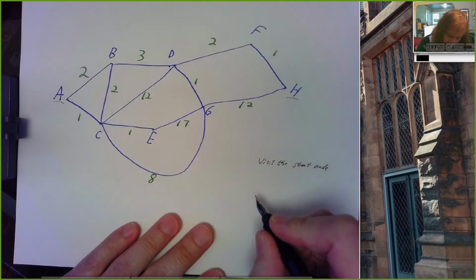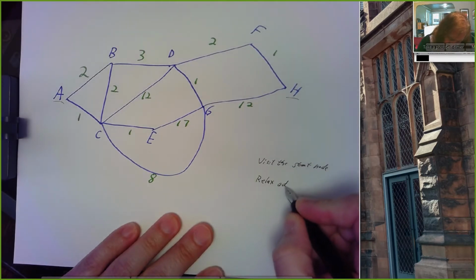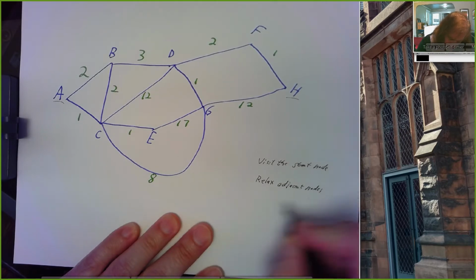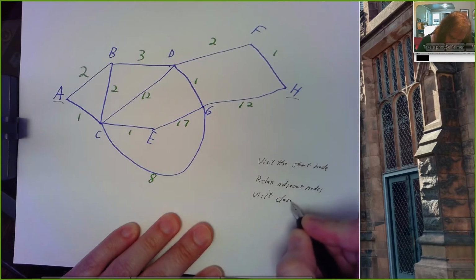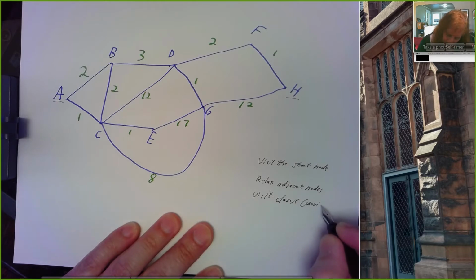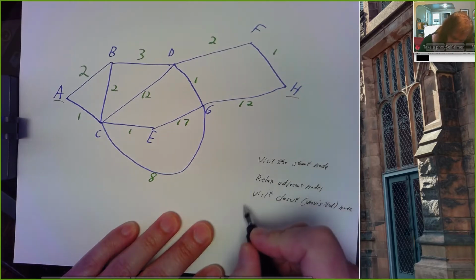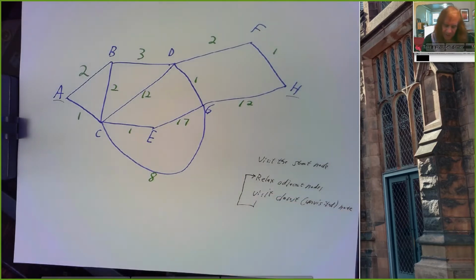And then relax adjacent nodes. And then visit the closest node that we haven't already visited yet. So visit the closest unvisited node. I'm using the word node here to mean vertex. And just keep repeating that.